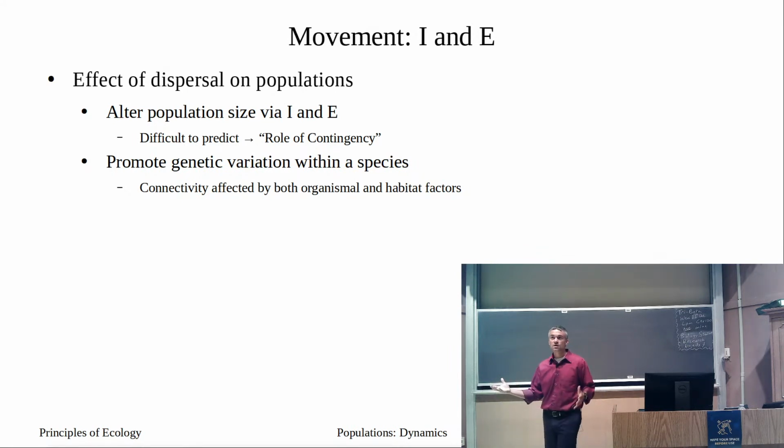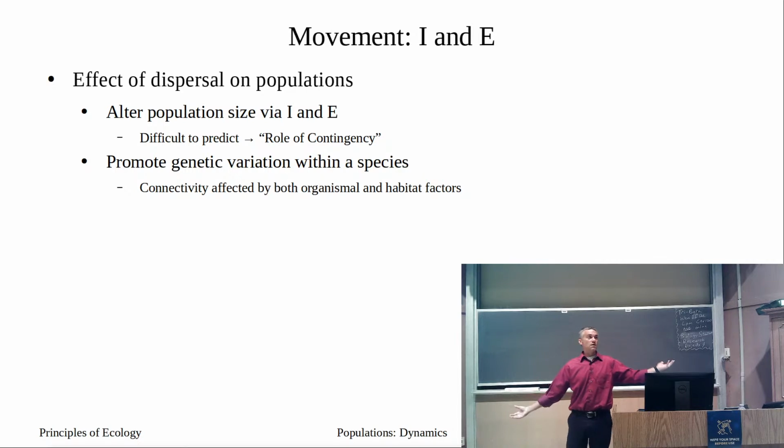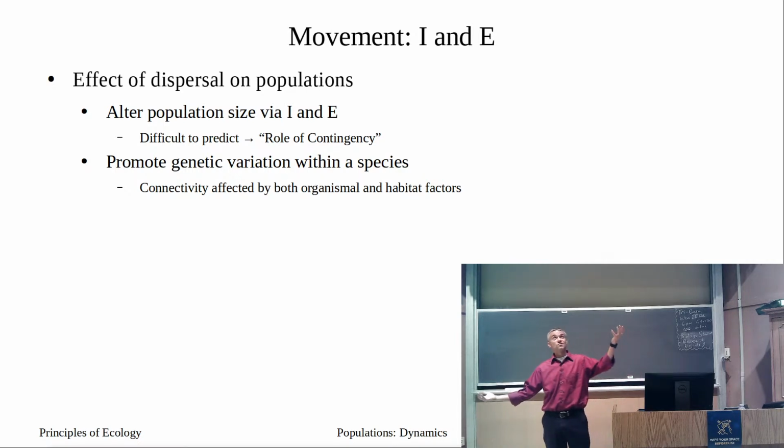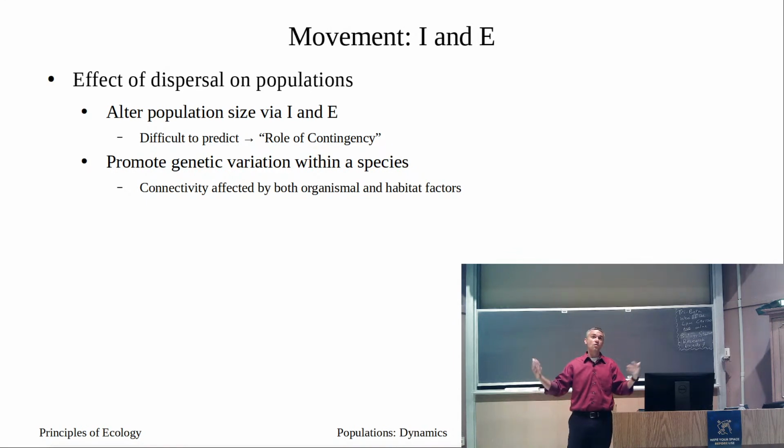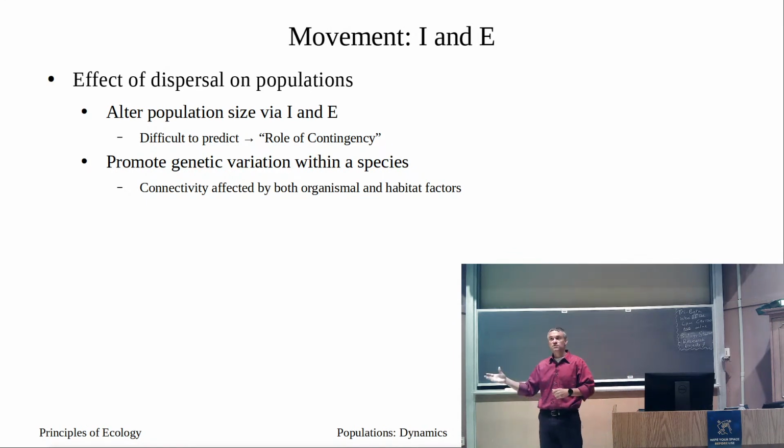So in San Angelo, if you have an individual on the northwest side of the city who wants to get to the east side of the city, it could go around, or we have the red arroyo that runs through that provides some habitat for our organisms to disperse and migrate, all right? That's a habitat factor, and we'll talk about those in a bit.